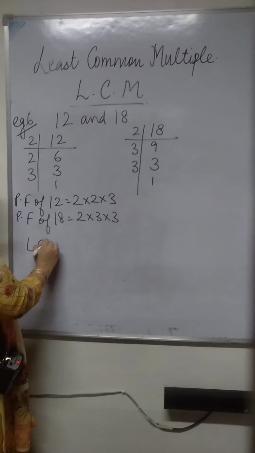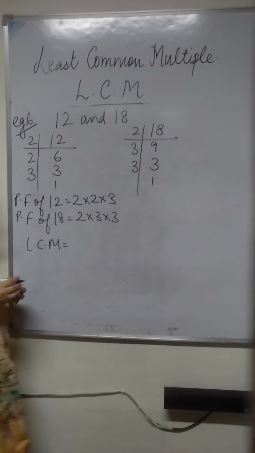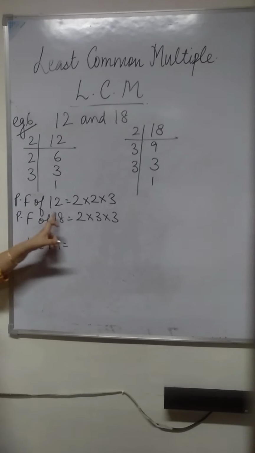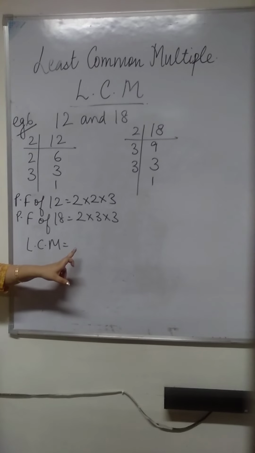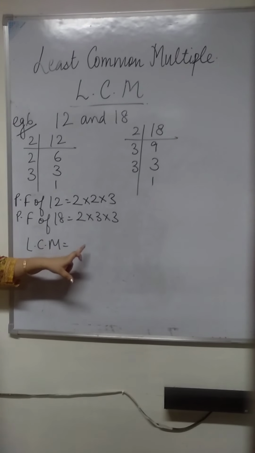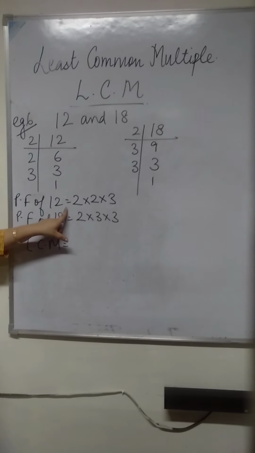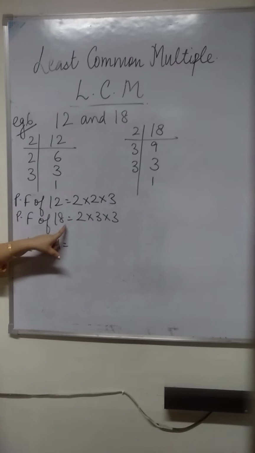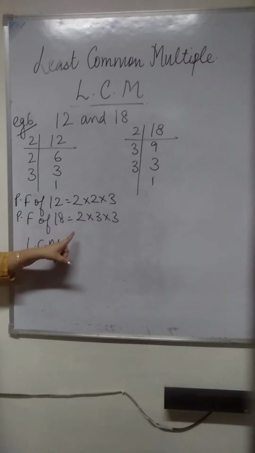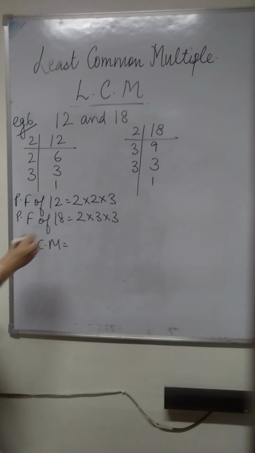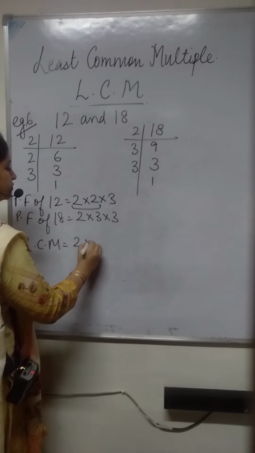Now children, how to take the LCM in this case? We have to take all the prime factors which are appearing, that is 2 and 3, but the maximum number of times they are appearing. Like here in the prime factorization of 12, 2 is appearing 2 times and in 18 it is appearing only 1 time. But we have to take it the maximum number of times it is appearing, that is 2 into 2.